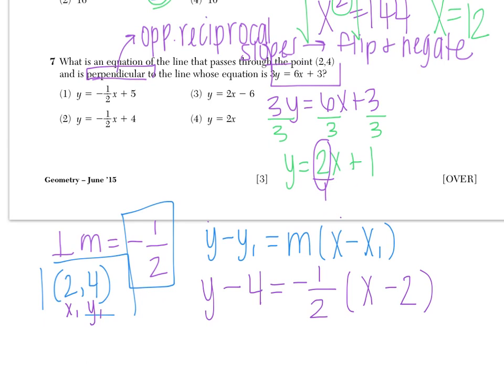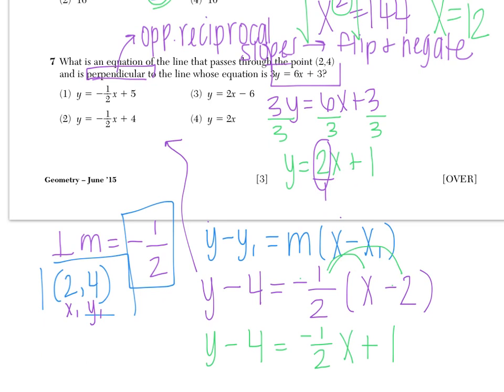Now, unfortunately, you'll see that none of these choices are written exactly the same way as this given equation. One of them is equivalent, though. So what we have to do is get it in y equals, because that's what all of our answer choices look like. So I'm going to first start by distributing this negative 1/2. So we have y minus 4 equals negative 1/2 x plus, because negative times negative gives us positive, 1/2 of 2 is just 1.